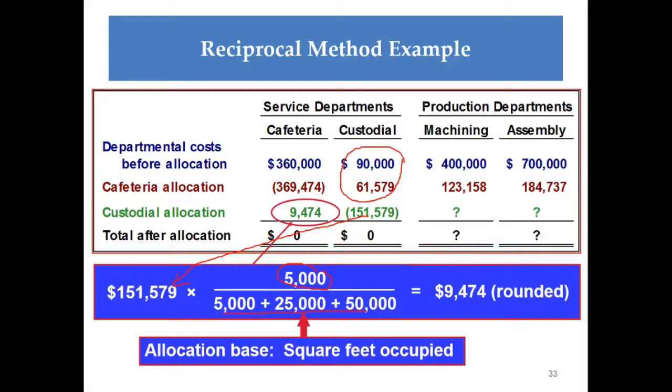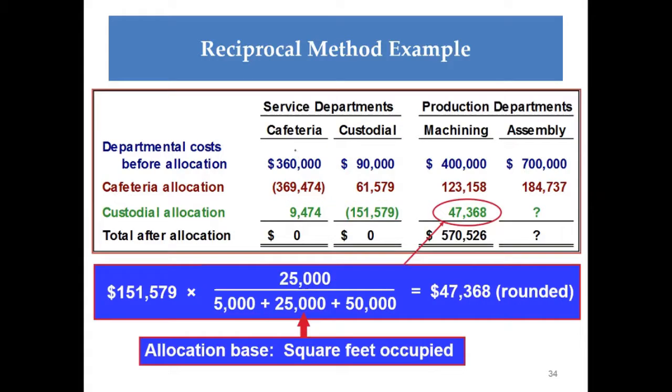Remember that we don't allocate the own cost of custodial to itself. 5,000 plus 25,000 plus 50,000 gives 80,000. 5,000 divided by 80,000 gives 9,474 allocated to cafeteria.